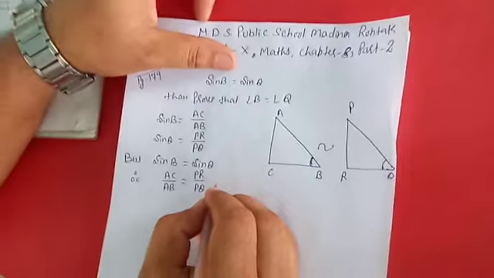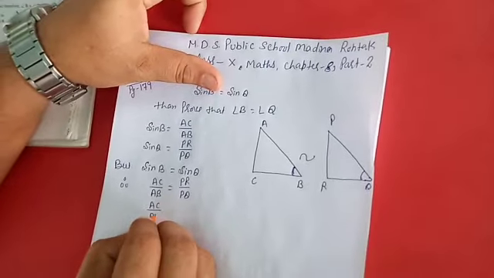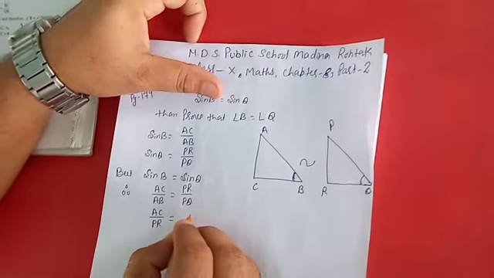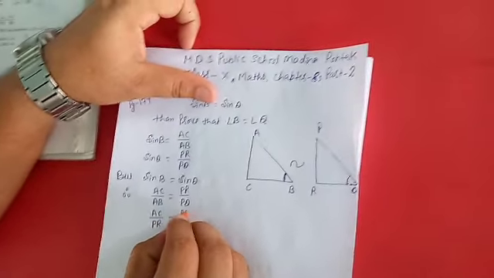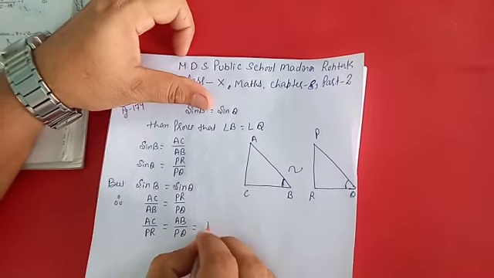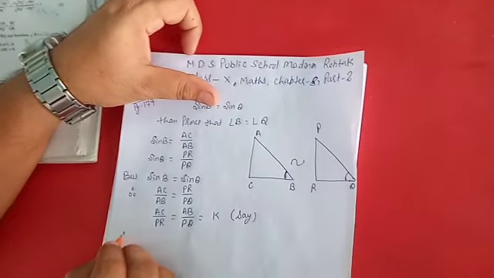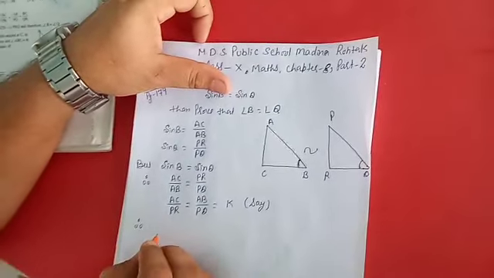Understood? So this you can take: AC by PR is equal to AB by PQ equal to K. You can take any other also. Therefore, what's its meaning?